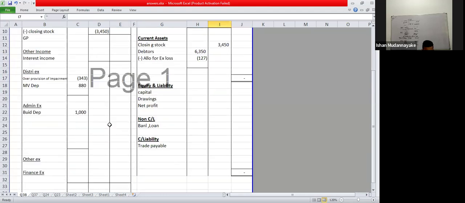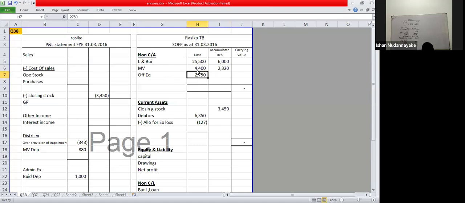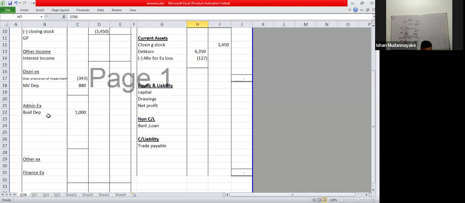And then look at the office equipment, 2,750 into 12%, 330. Office equipment depreciation administration expenses 330.